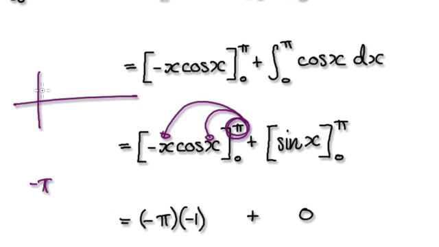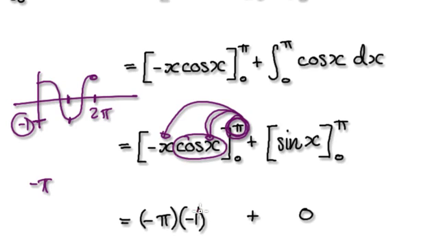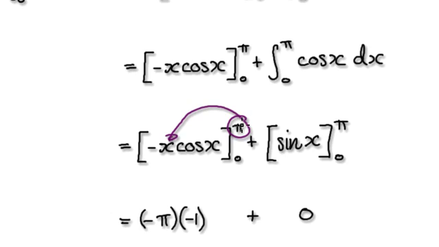Remember your cos graph looks like this. So this here is 2 pi. When you put pi into here, it equals negative 1. So if you put this into here and into here, it will give you this. But then you've got to take away this bit.